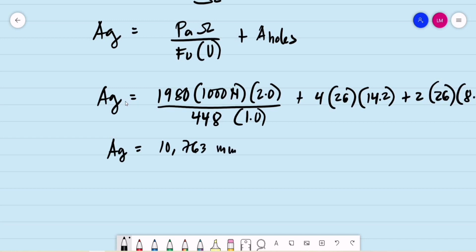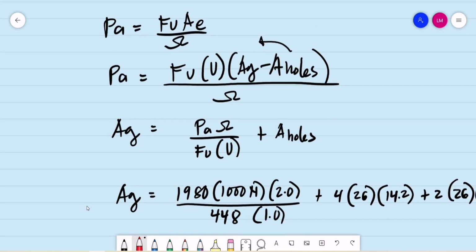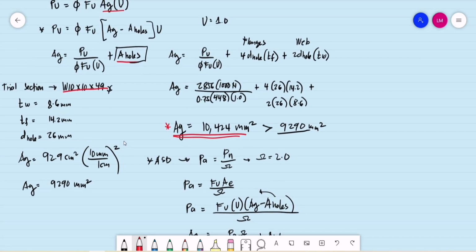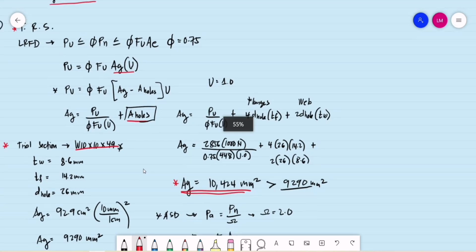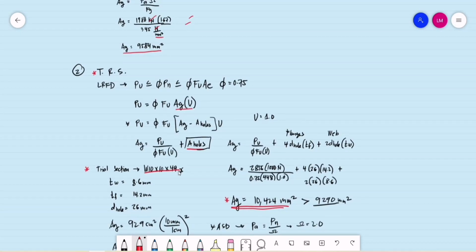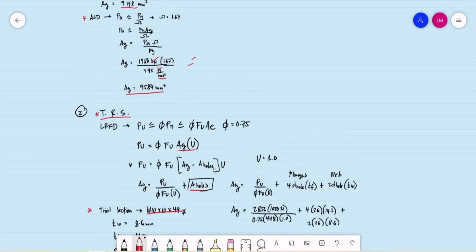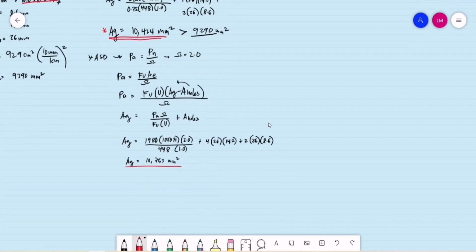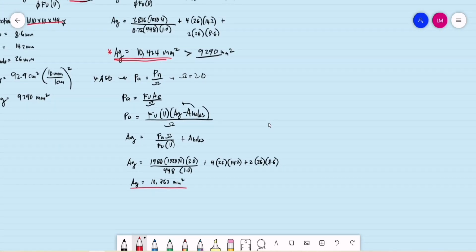Okay, a close value to our required area for LRFD, 10,424. So if we base on gross areas, we are just considering TRS since these areas are much greater compared to the areas under GSY. So let these be our reference areas, the areas under LRFD and ASD for the analysis.